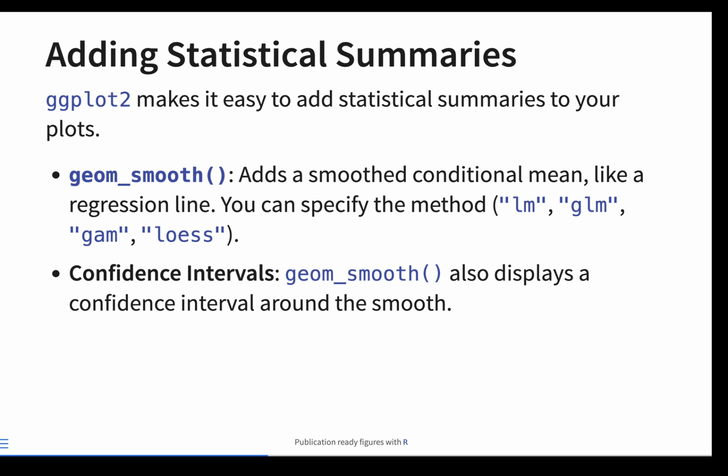This geometric function adds a smooth conditional mean like a regression line, and you could specify which kind of method you want to use to make these lines, for example linear models, generalized linear models, generalized additive models, or Loess. You could also show the confidence interval with geom_smooth.